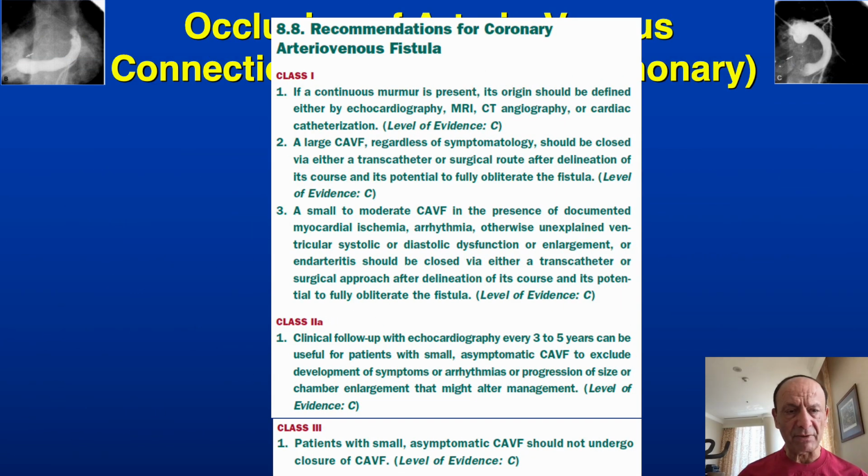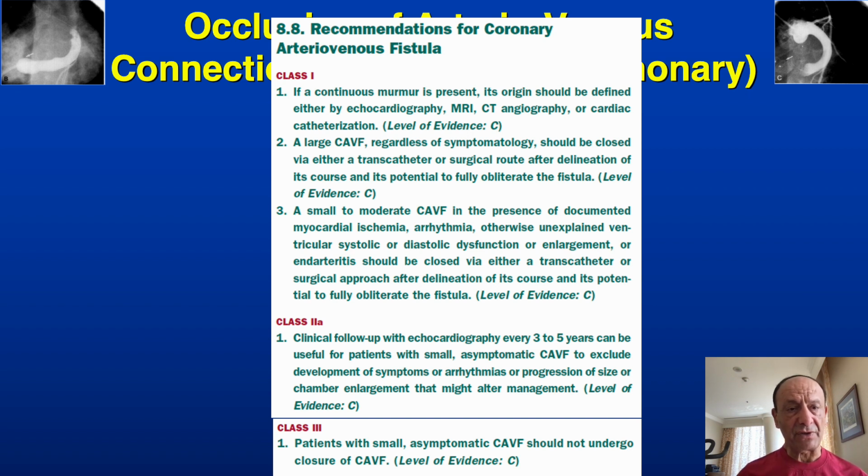We've written a paper in Circulation about recommendations for coronary arteriovenous fistula, divided into class 1, class 2A, and class 3. Class 1: if there is a continuous murmur, the origin should be defined either by echo, MRI, CT angiography, or cardiac catheterization.